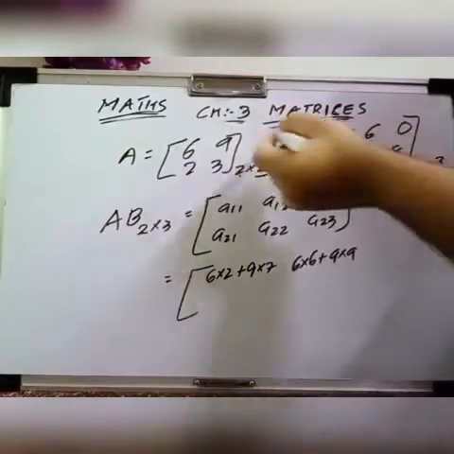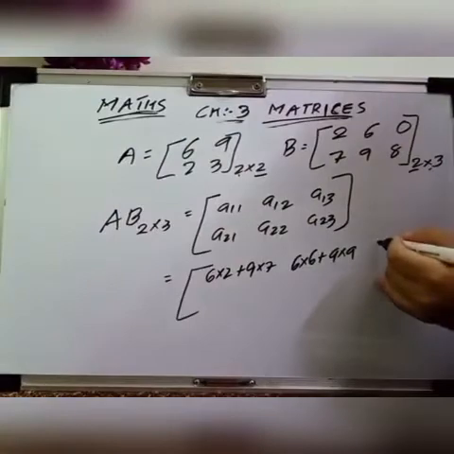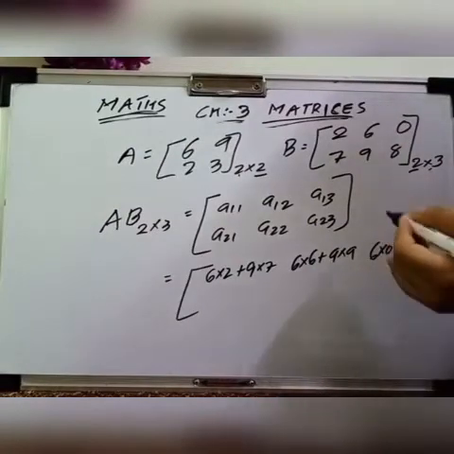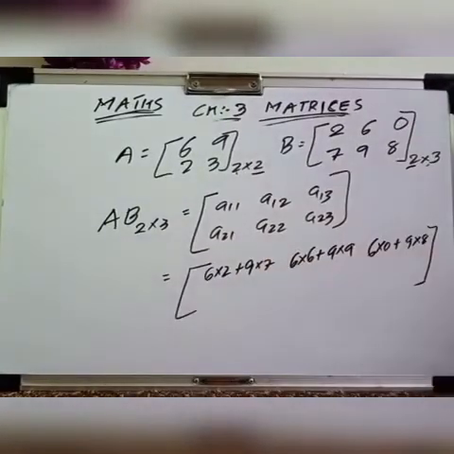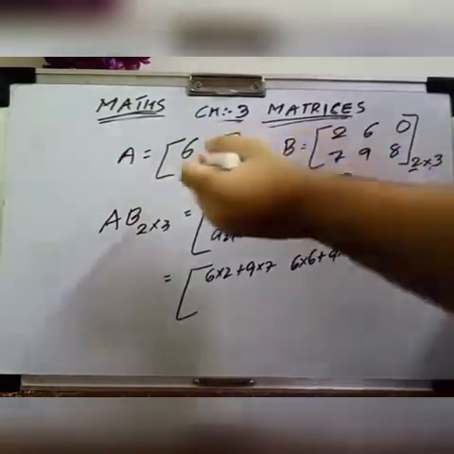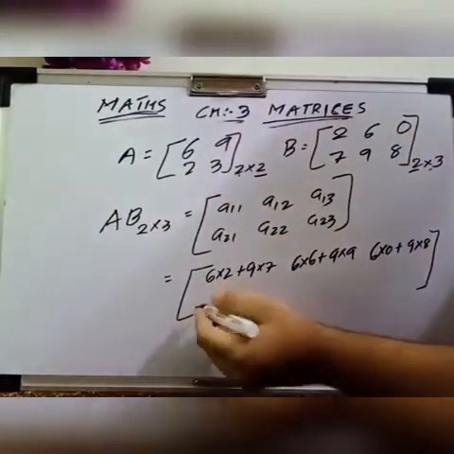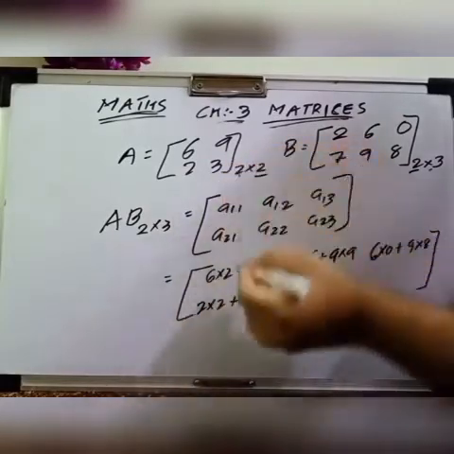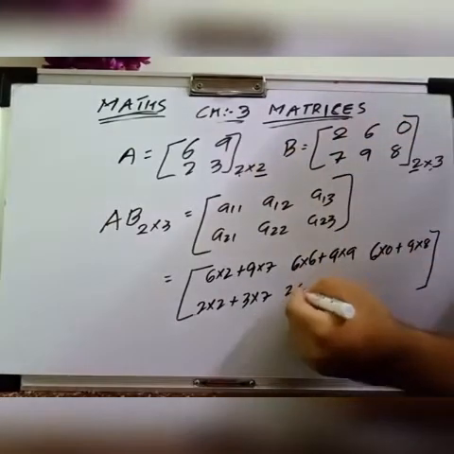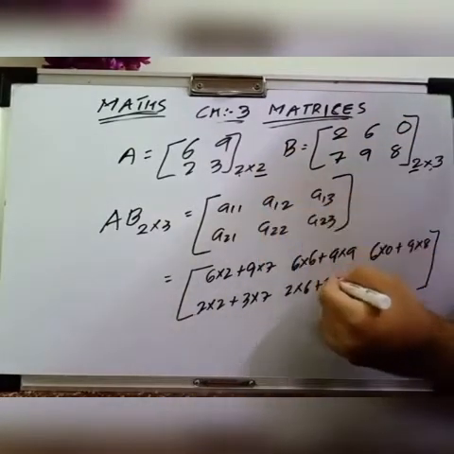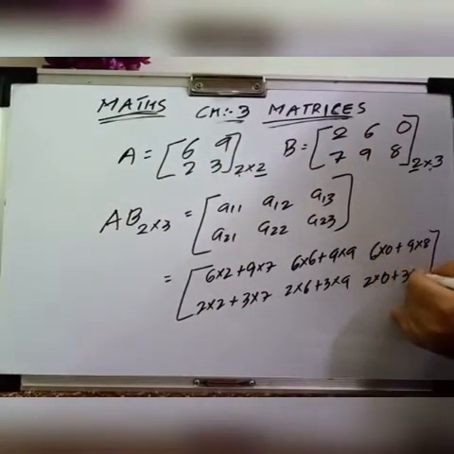Row 1, column 3: row 1 of A and column 3 of B, 6 into 0 plus 9 into 8, right? Row 2, column 1: 2 into 2 plus 3 into 7. Row 2, column 2: 2 into 6 plus 3 into 9. Row 2, column 3: 2 into 0 plus 3 into 8, right.